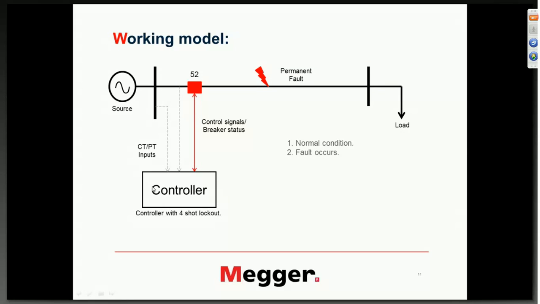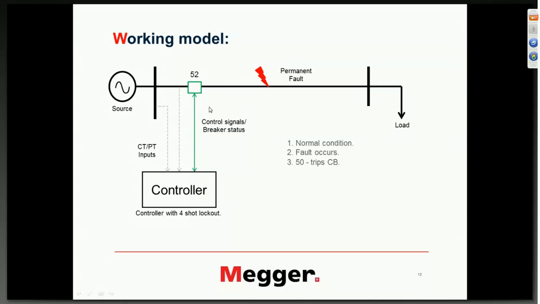So this controller is going to see a high amount of current, and let's say this controller has another function, the instantaneous function, where if the current is higher, it trips the circuit breaker as soon as possible. So the controller sends a trip signal through the cable, and this opens that circuit breaker.